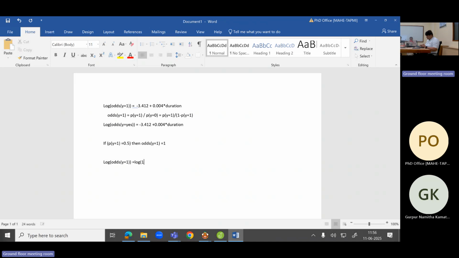Log of 1 means what? 0. Log of 8 to base 2 is 3, because 2 to the power 3 equals 8. So log of 1 means e to the power of something is equal to 1, so it has to be 0.